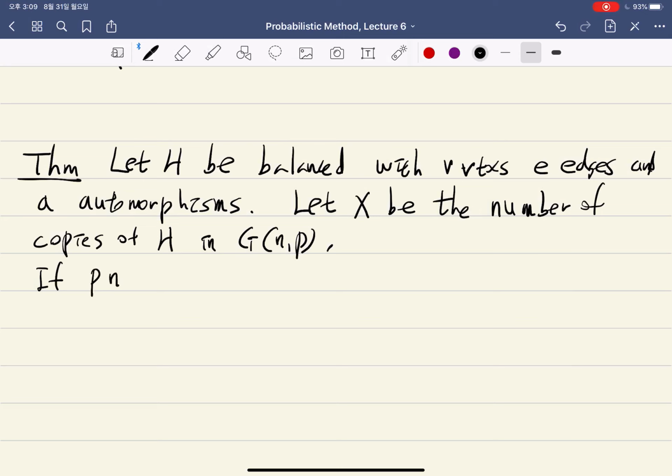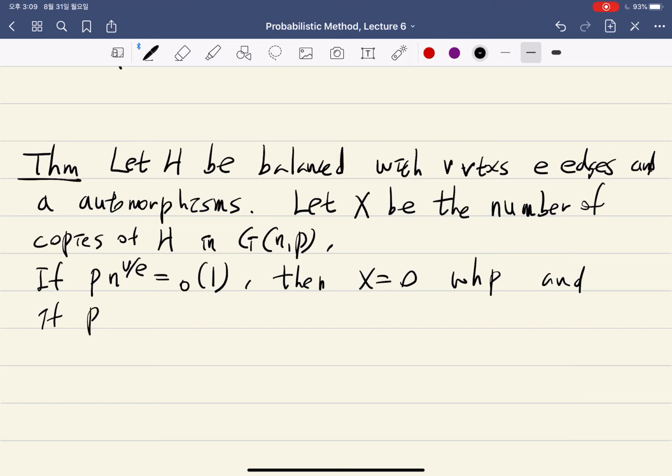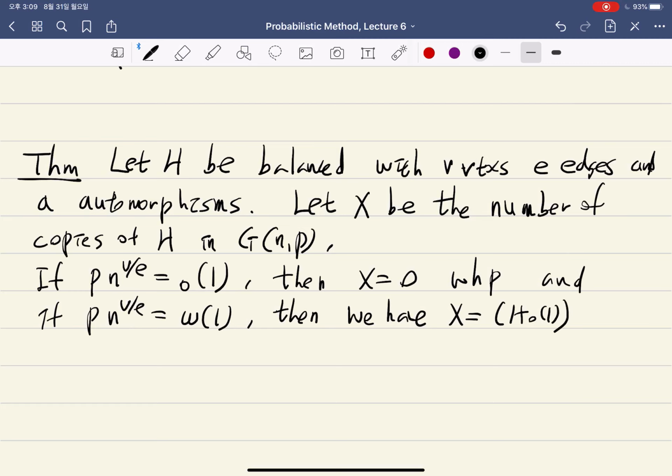And if P times N to the V over E is little o of 1, then this means if this goes to 0 as N goes to infinity, then X is 0 with high probability. And if P times N to the V over E is omega of 1, which means this goes to infinity as N goes to infinity, then we have X equal to 1 plus little o of 1 times N to the V, P to the E over A with high probability.